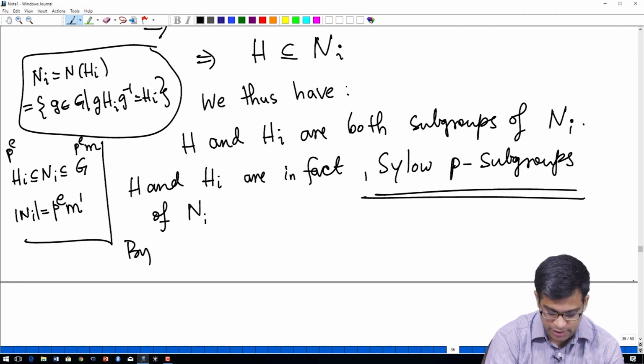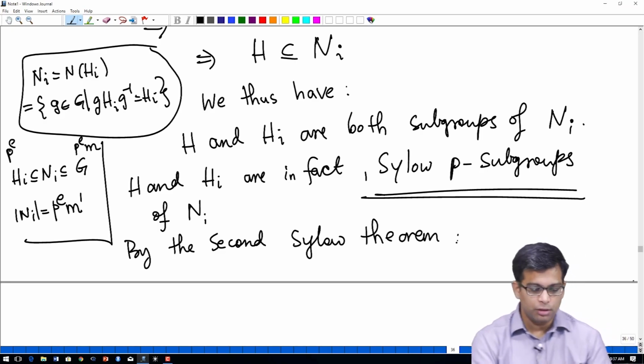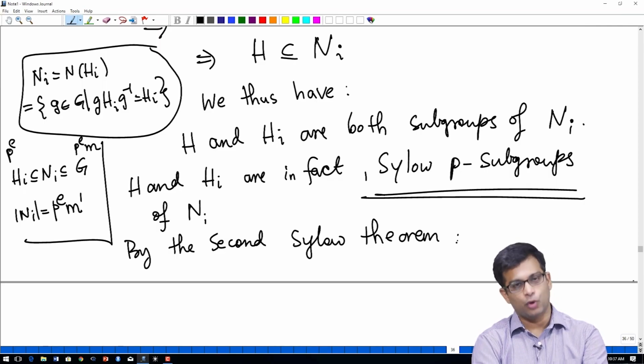So, by the second Sylow theorem, just to repeat, the largest power of p that appears in the order of N_i is also p^e. So H and H_i are both subgroups of N_i and both have order p^e.